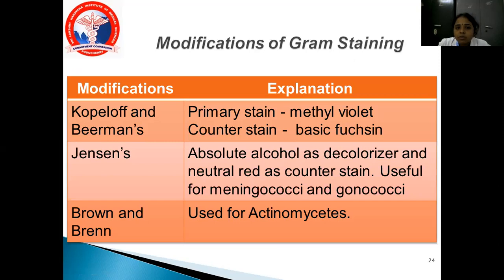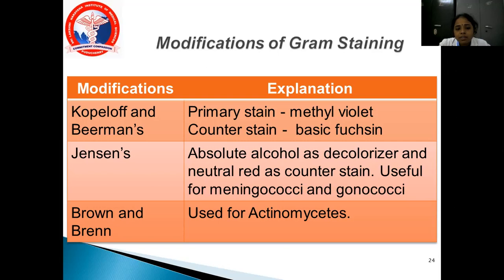Next, you should know about the modifications of the gram stain. In Kopeloff and Beerman's modification, for the primary stain, what we normally use is crystal violet; here we are using methyl violet, and as counter stain we are using basic fuchsin, and the usual alternative is safranin. In Jensen's modification, we are using absolute alcohol as decolorizer and neutral red as a counter stain, useful for meningococci and gonococci.